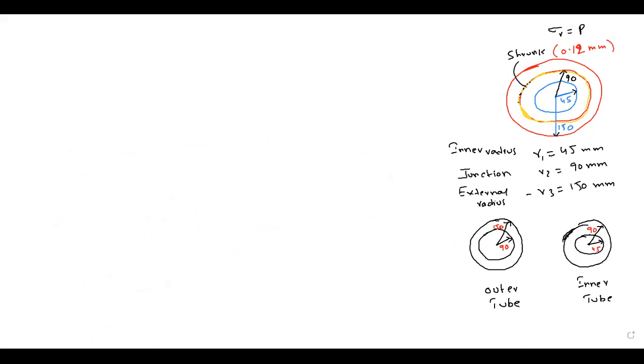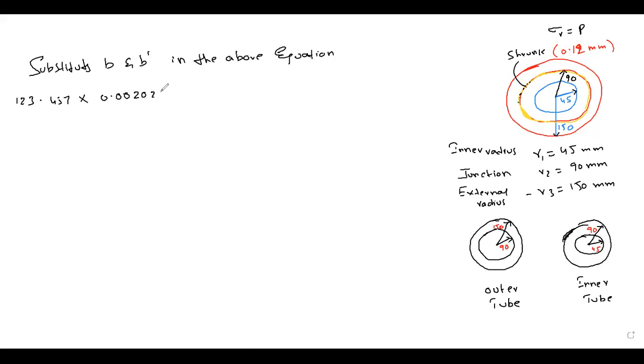Okay, so now substituting b and b dash values in the above equations. What is the above equation? 123.457 into 0.002025a.